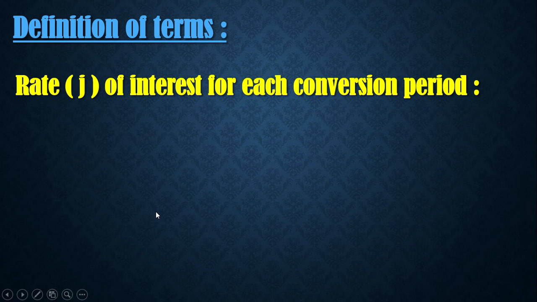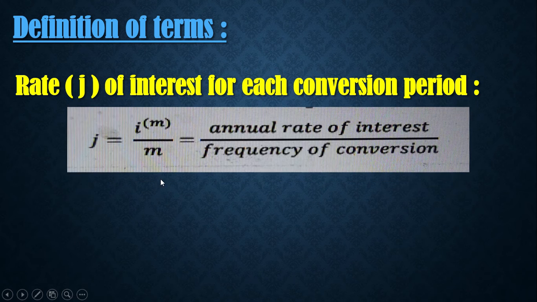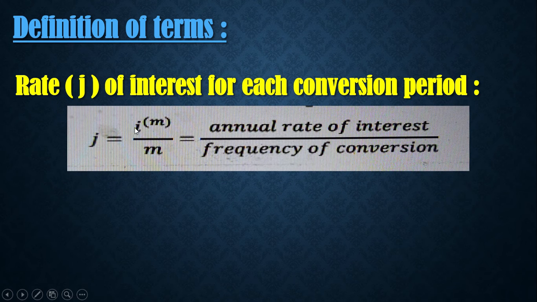Another term, the rate or j of interest for each conversion period: j is equal to i raised to m, the nominal rate, divided by m, that is equal to the annual rate of interest over the frequency of conversion. So this is the annual rate of interest and this is the frequency of conversion. Later we will learn how important that is in our computation.